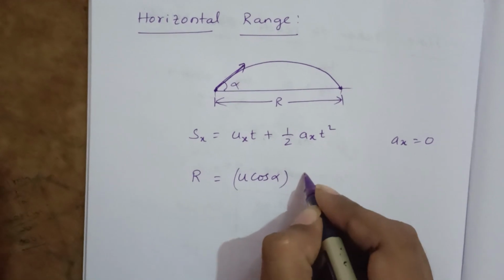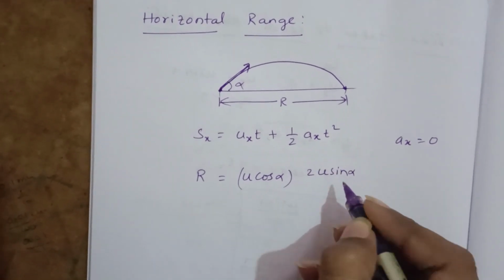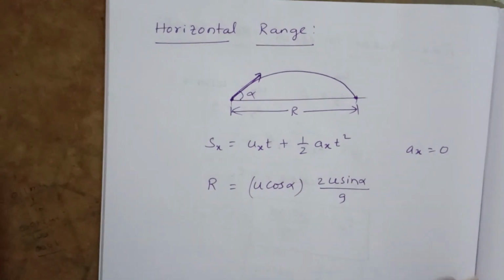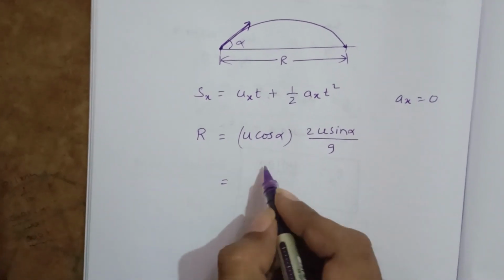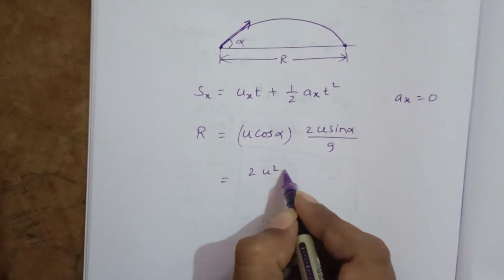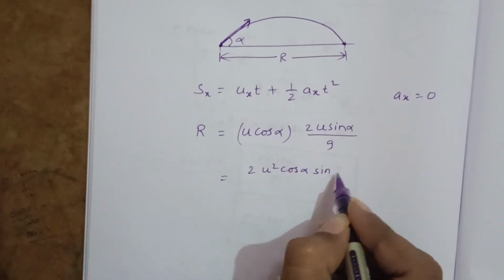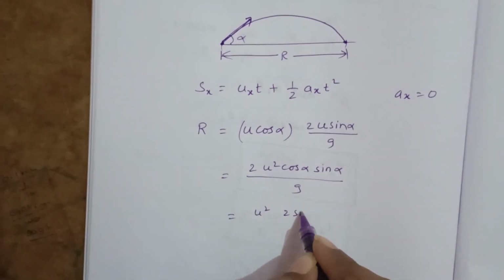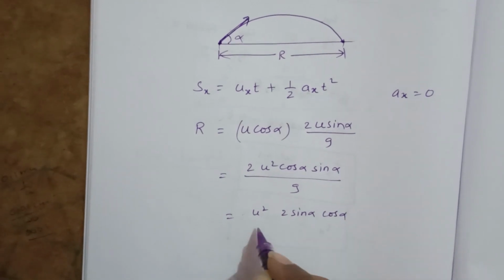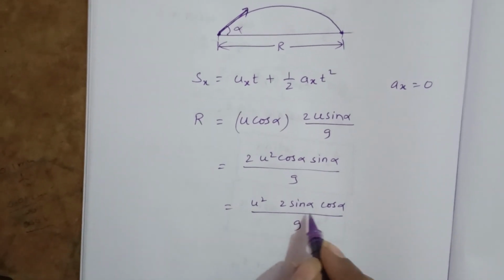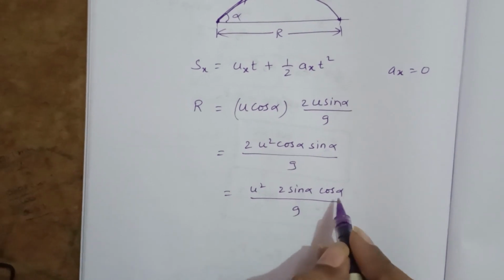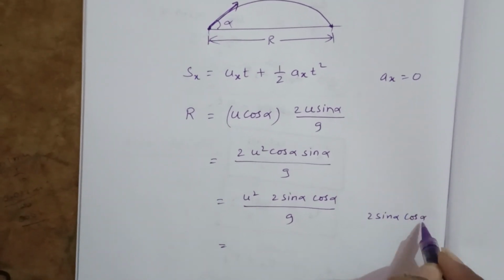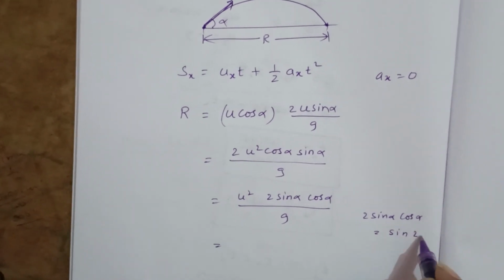So the time of flight, we already found, 2U sine alpha by g, plus half at square becomes 0. No need to substitute. Now see here, it can be written as 2U square cos alpha sine alpha divided by g. Can we write it as U square into 2 sine alpha into cos alpha divided by g. 2 sine alpha cos alpha equal to sine 2 alpha.